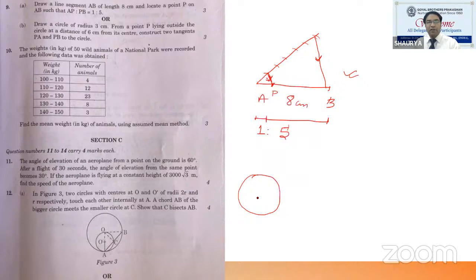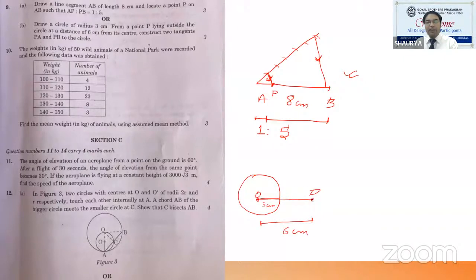So everyone can first draw a circle of 3 centimeter. Then it says from a point 6 centimeters away, let's say this center was O, this point is P. This entire distance OP is 6 centimeters. From here, we need to draw two tangents to the given circle. So I guess everyone knows this.